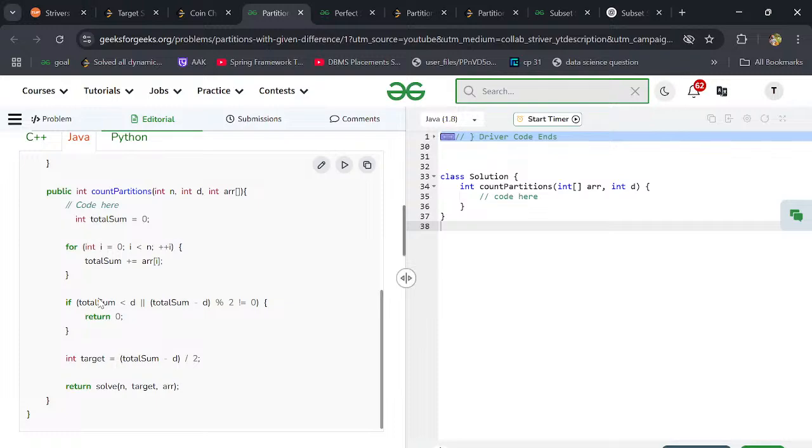We are subtracting it. Yeah, you can find anything, I guess it will work.